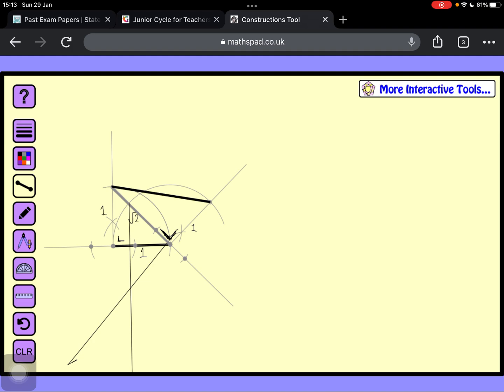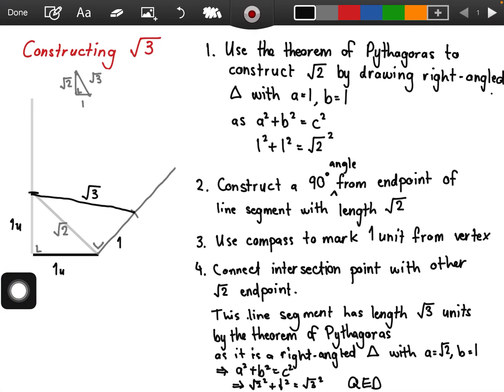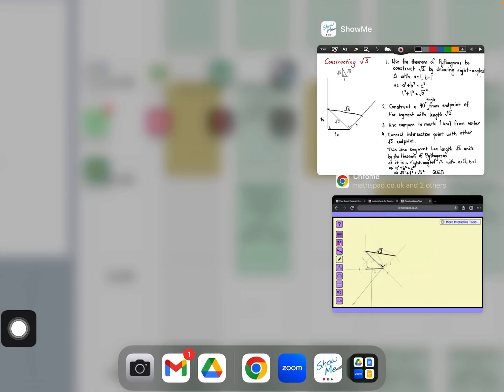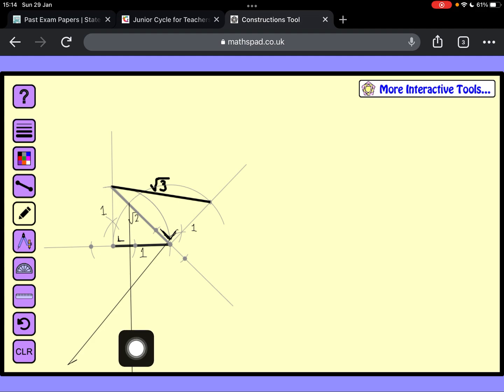Okay, that is my final root 3 length. Okay, and I've shown my 90-degree angles, and I've explained to the examiner what I have actually done, and that's it.